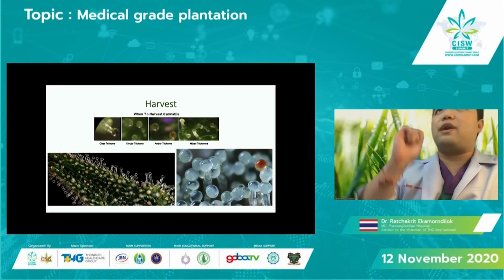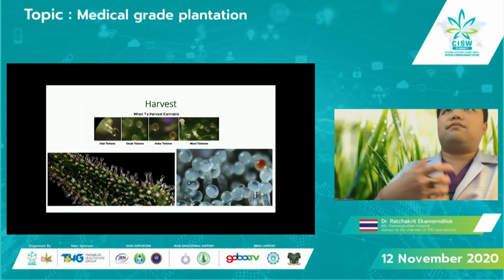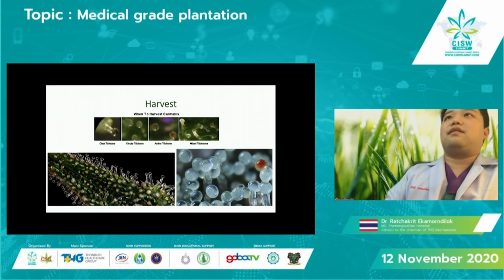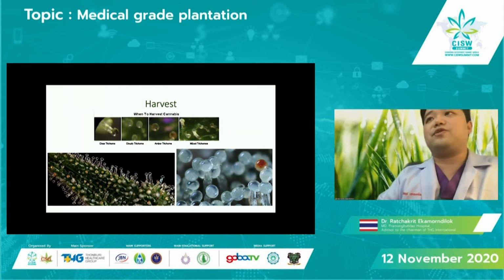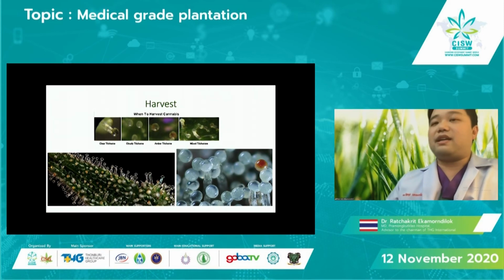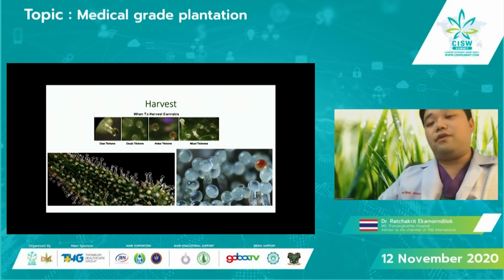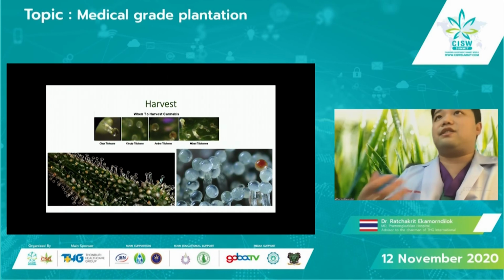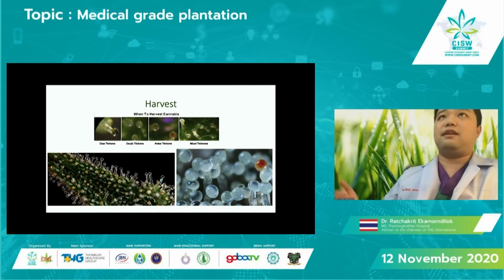The first picture is very clear, that's too young to harvest. We need cloudy or amber. The perfect is mixed trichomes. So don't pick it too early, or you're just wasting it, and THC and CBD are not built up enough.